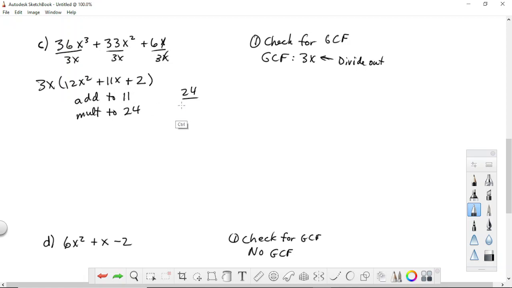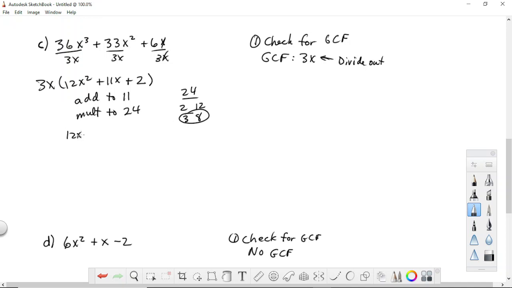So we know this time they're both going to be positive. And with a little thinking, we see, well, 2 times 12 doesn't work. That adds up to 14. 3 times 8, yeah, that adds to 11 and multiplies to 24. So that's it. So that's our numbers we use to split the middle.